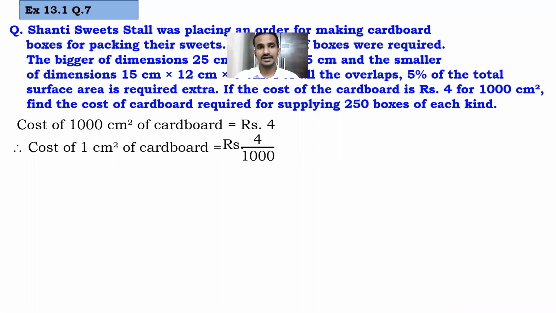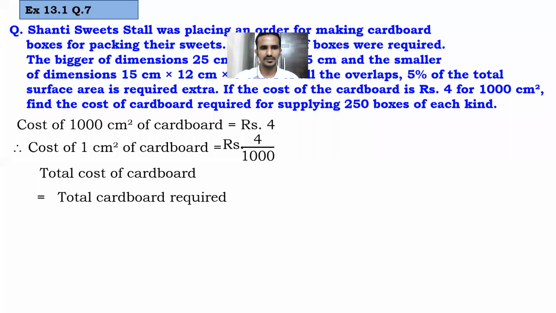When we say cost of 1 centimeter square, it is actually the rate. So now we'll get the final cost. Total cost of cardboard will be total cardboard required multiplied by the rate, or we can say the cost of 1 centimeter square.